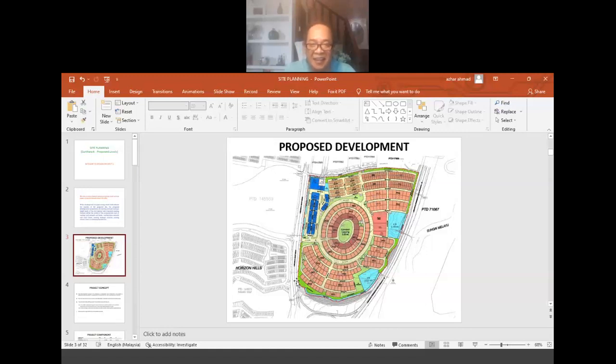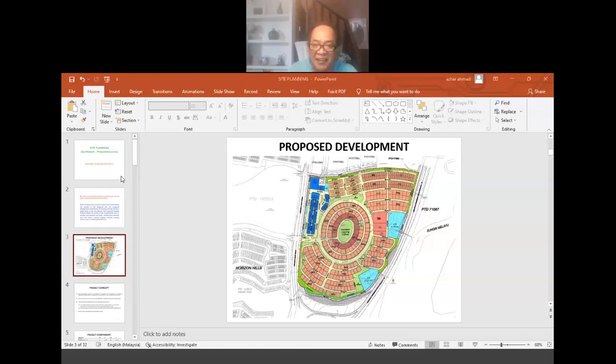And interestingly, it also indicates existing development around the site. Clearly, there is a road network around the site.